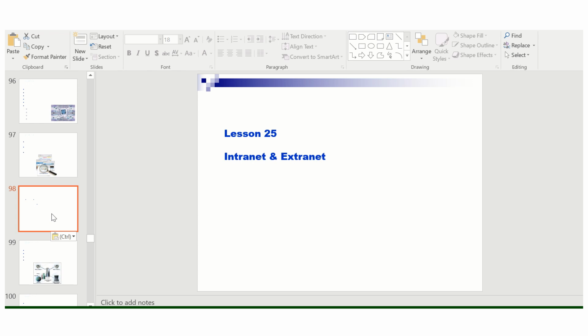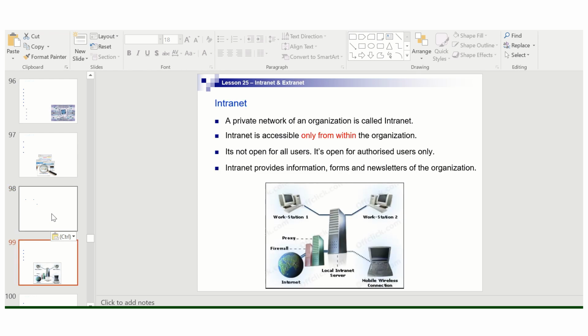So then we're going to go into intranet and extranet. Remember I said with the internet we can browse as much as we want. We don't even have to log in. We just search for information and that is it. When you're talking intranet and extranet, most of you have this at work. An intranet is like a private network of an organization.